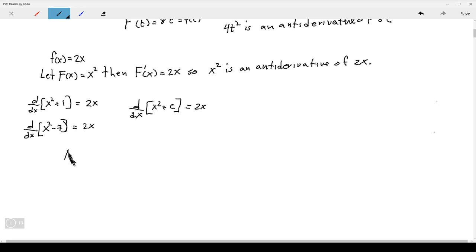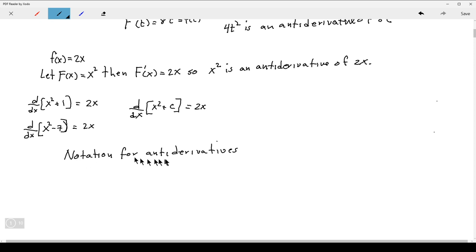All right, so the notation for antiderivatives. The book goes on and on using this derivative notation. That just gets cumbersome after a while.